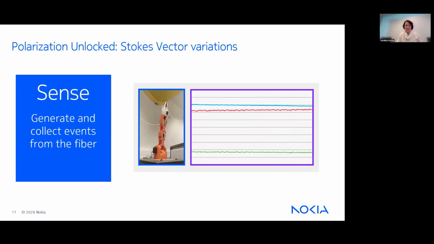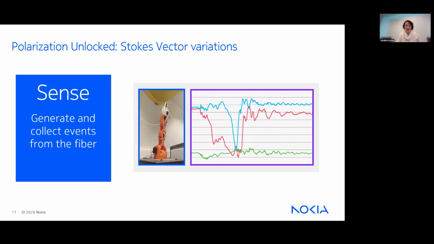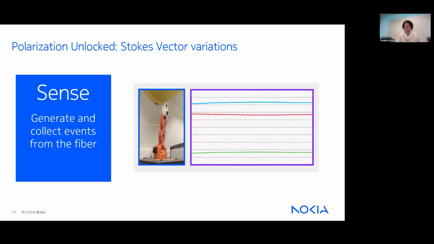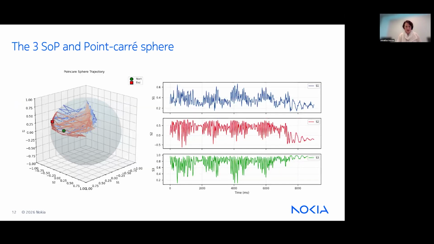In this example we will use a robot because we are not able to use a load to have cuts for emulating any type of events like what we saw in the previous presentation. The variation of the SOP status can be reported for just S1, S2 or S3, and may also be reported on the Poincaré sphere as it is represented here.